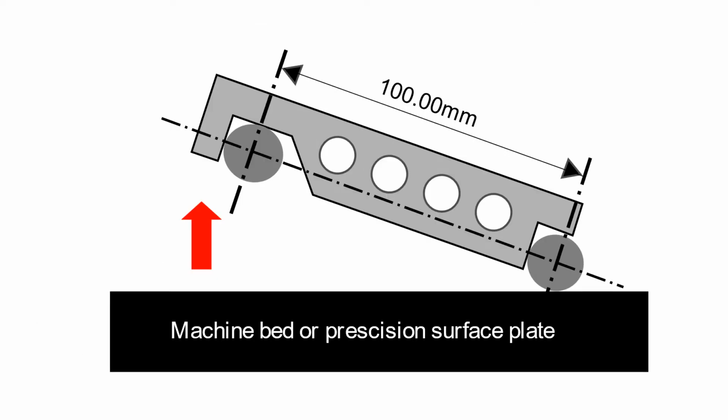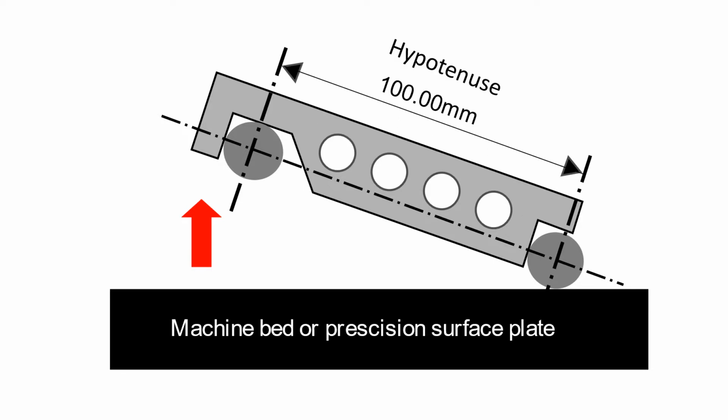Irrespective of the sine bar angle, the distance between the rollers always stays the same. It is important to remember when using a sine bar and performing any calculations, the distance between the rollers is always the hypotenuse when we're doing trigonometry calculations.